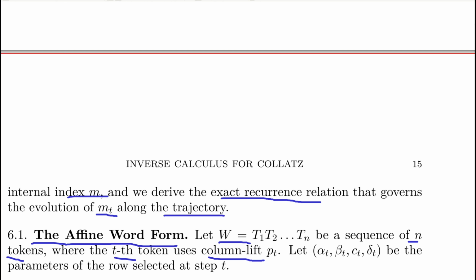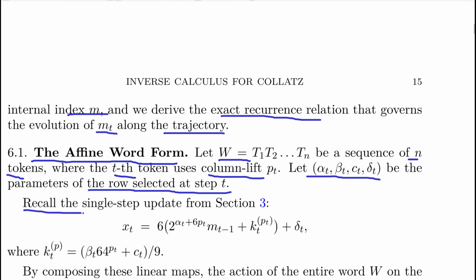So a word need not use a single P lift. P can vary throughout the word. Let alpha t, beta t, c t, and delta t be the parameters of the rows selected at step t.